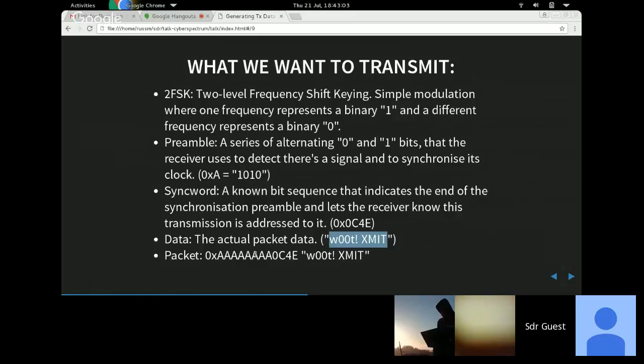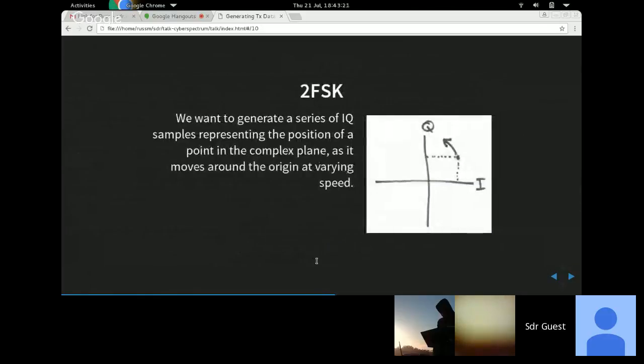So the final packet that's transmitted is: hex A is a 1010 pattern, so we have a sequence of alternating 0 1s, the synchronization word, and then our final data packet.